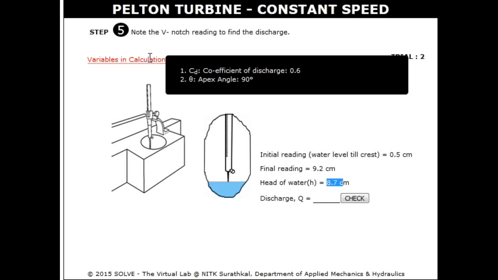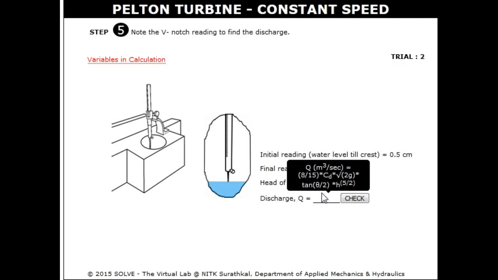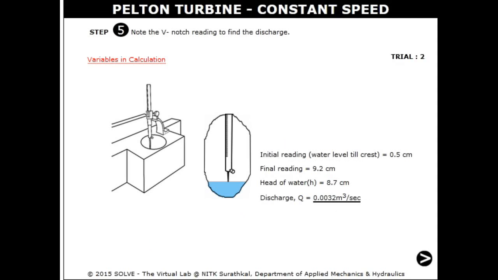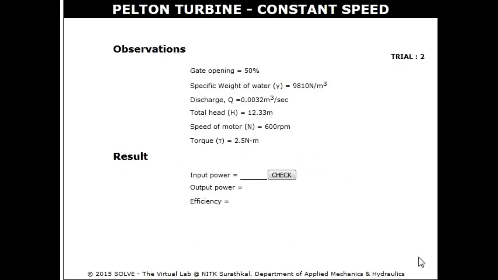These are the variables that we have to substitute in the equation. After calculation, we will substitute the value. Now again we have to calculate the input power, output power and efficiency. We will calculate and substitute the values now.